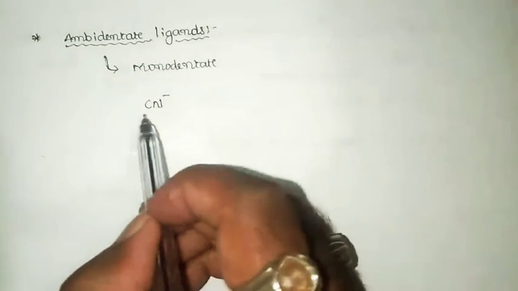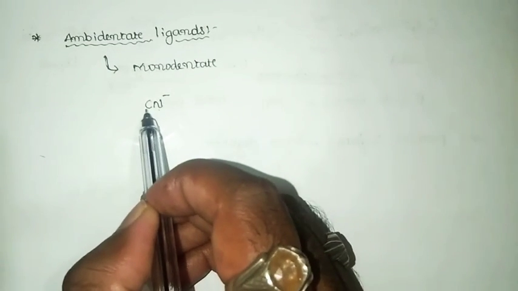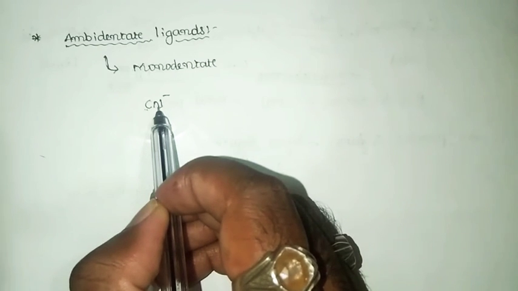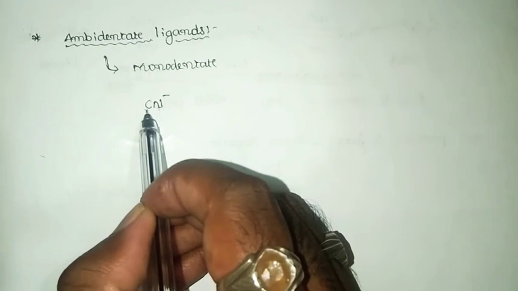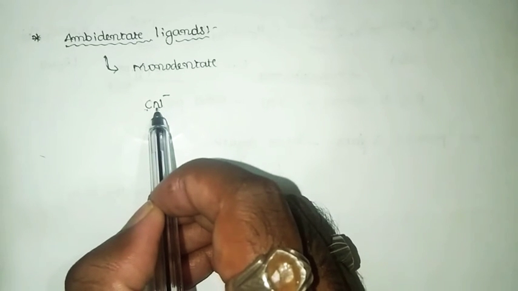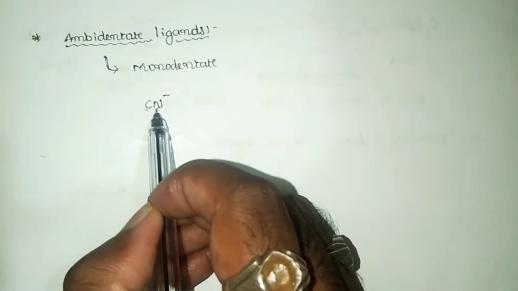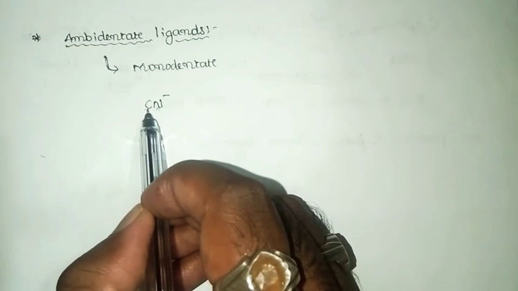So we can give simple examples. CN-, and here both carbon and nitrogen have a tendency to act as a ligating atom, but when carbon is acting as the ligating atom, nitrogen remains normal. When nitrogen is acting as the ligating atom, carbon remains normal.